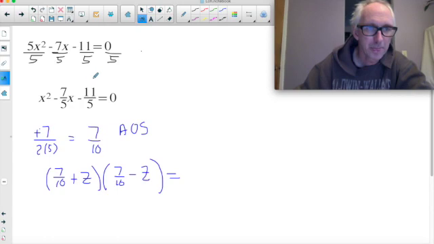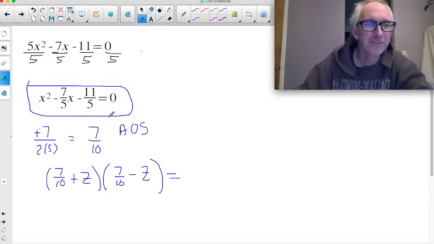Okay, all right, so we need to use this equation here, and that multiplies to be what c is, which in this case would be negative 11 over 5.